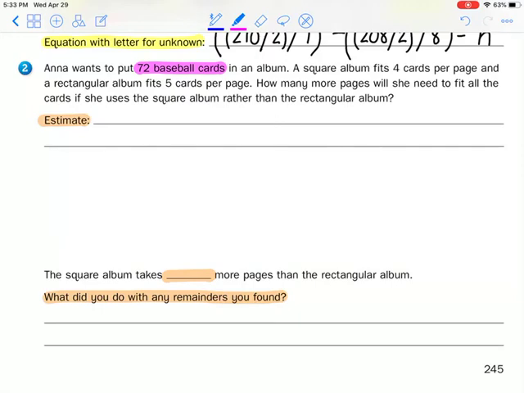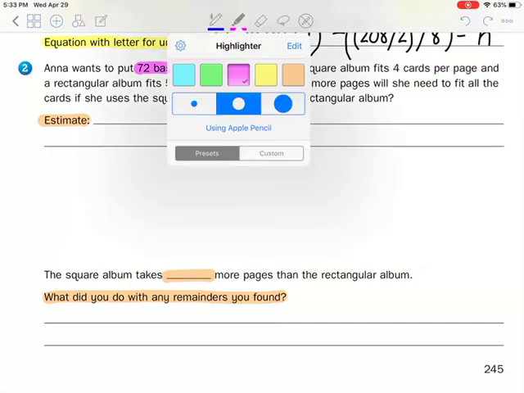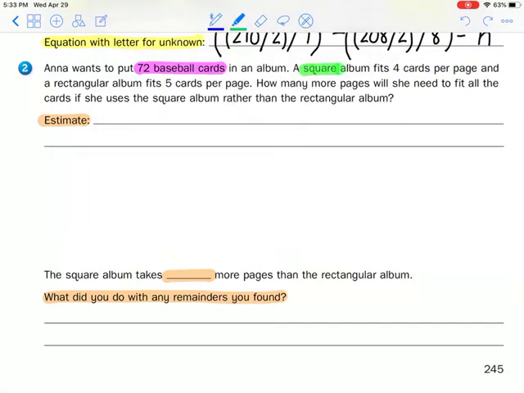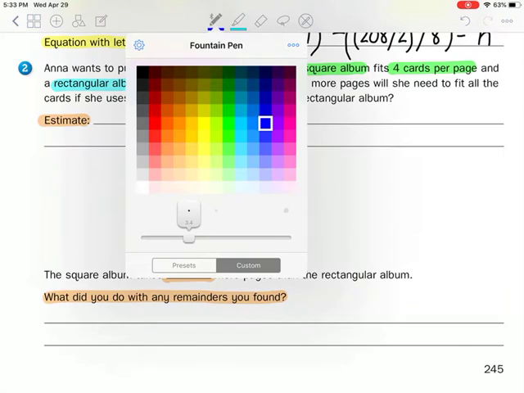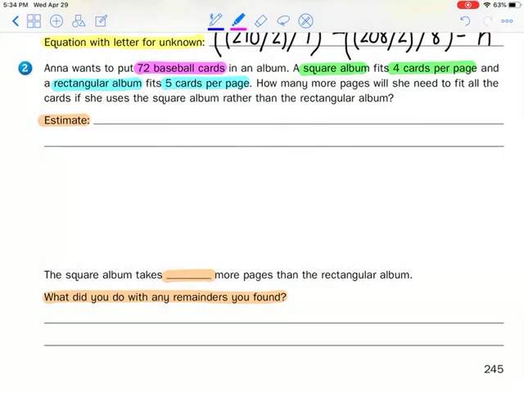A square album fits 4 cards per page, and a rectangular album fits 5 cards per page. How many more pages will she need to fit all the cards if she uses square rather than rectangular?